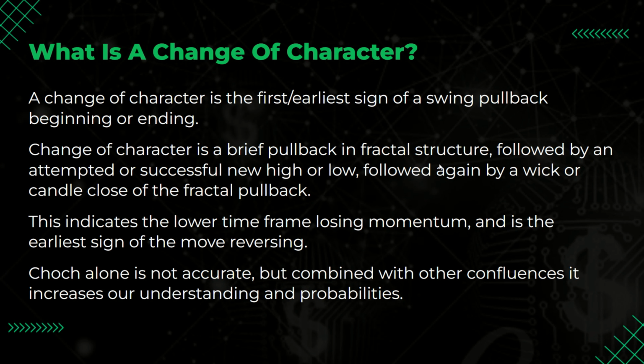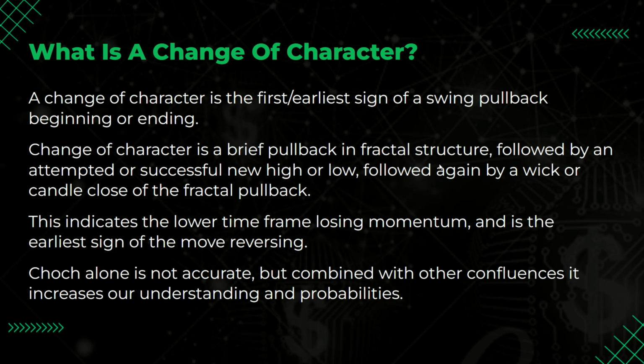So what is a change of character? A change of character is the first and earliest sign of a swing pullback beginning or ending. Change of character is a brief pullback in a fractal structure followed by an attempted or successful new high or low, followed again by a wick or a candle close of the fractal pullback.